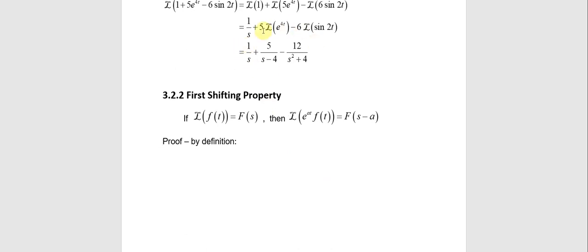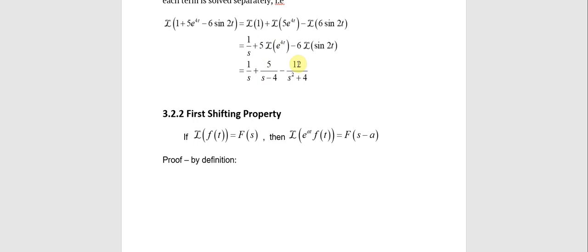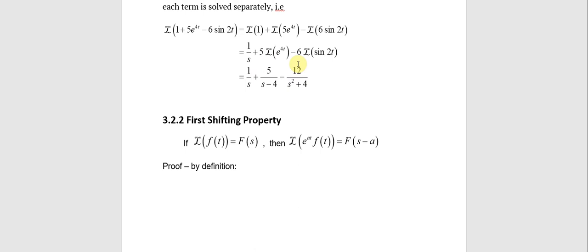To solve this Laplace transform, you can refer to the table. How do we refer to the table? Let's say the first function is 1. I will scroll up and down to refer to the table.